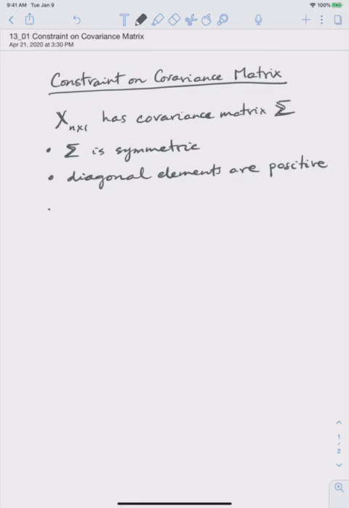So recall that if you have y, a linear transformation of x, then the covariance matrix of y is gotten by taking A, multiplying by the covariance matrix of x, and then again by A transpose.